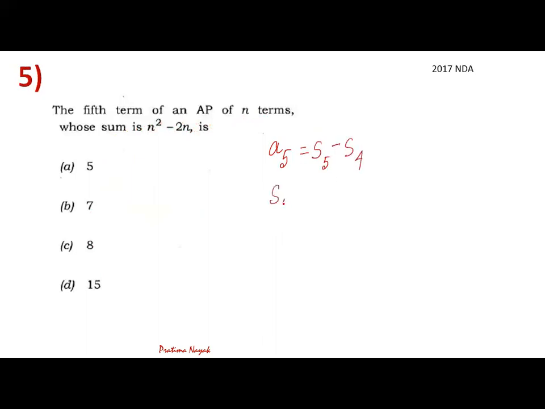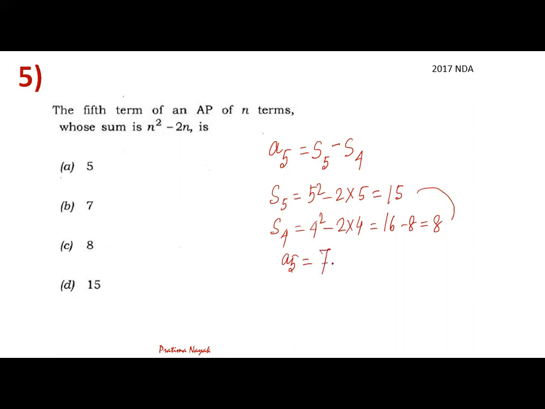S5 is equal to 5 square minus 2 into 5, 25 minus 10, that will be 15. S4 is equal to 4 square minus 2 into 4, that will be 16 minus 8, that will be 8. Then A5 is 15 minus 8, which is 7. So 7 is the answer.